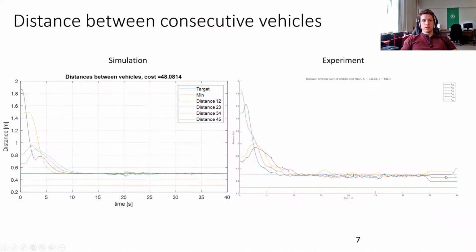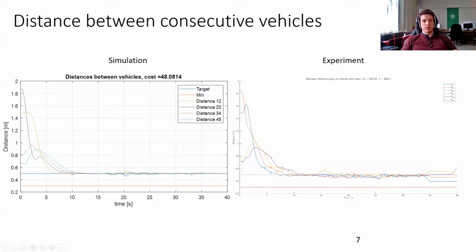So we can compare these results conveniently between simulation and experiment, and we can see that they accurately resemble each other, with some minor differences, of course, because in the experiment the vehicles are more complex, and in simulation we have more idealistic models.